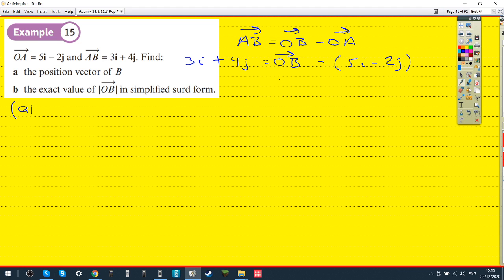It'd be easier to add OA on both sides, which gives you 8I add 6J equals OB.